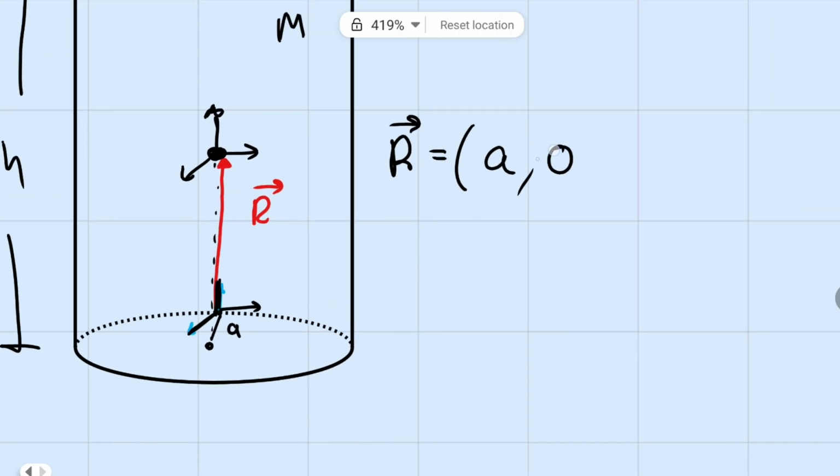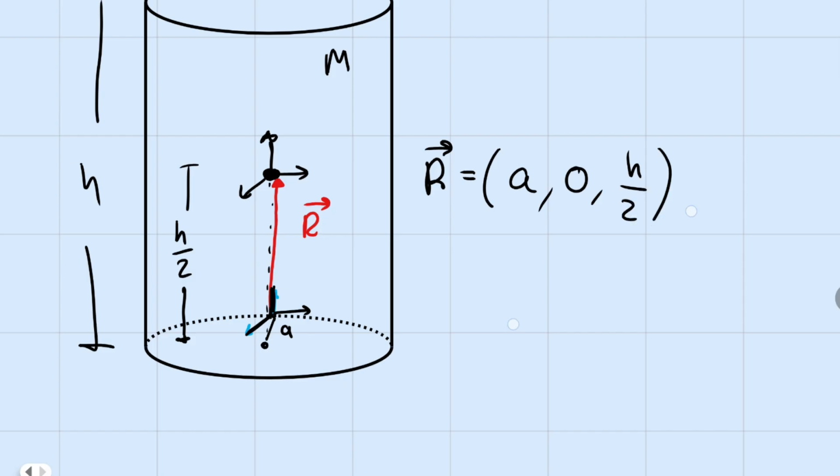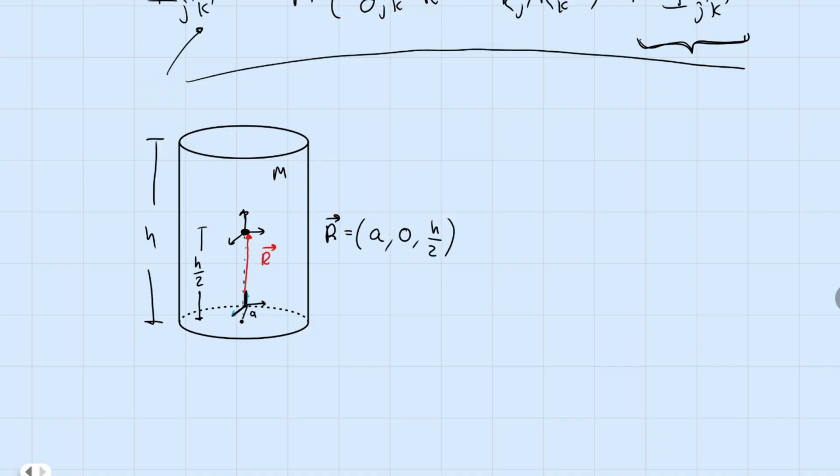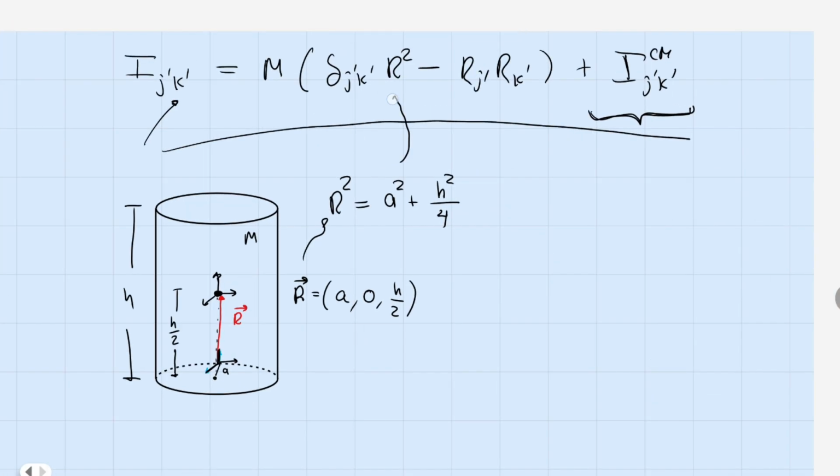So y is going to be equal to 0. And the z coordinate is located at a distance h divided by 2 from the base, because it is at half of the height of the cylinder. So it is easy to see that r squared is going to be a squared plus h squared divided by 4. It is going to be necessary to replace it in this quantity.